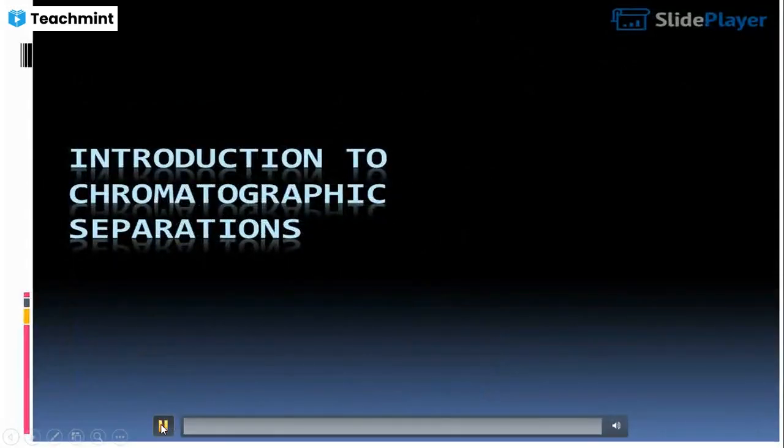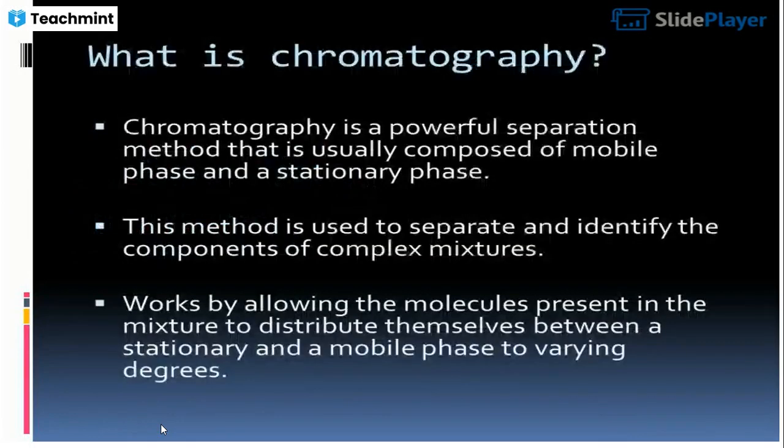Introduction to chromatographic separations. What is chromatography? Chromatography is a powerful separation method that is usually composed of a mobile phase and a stationary phase. This method is used to separate and identify the components of complex mixtures. It works by allowing the molecules present in the mixture to distribute themselves between a stationary and a mobile phase to varying degrees.